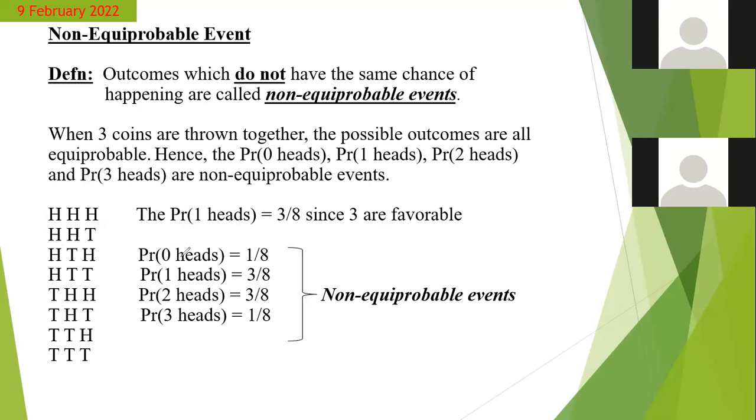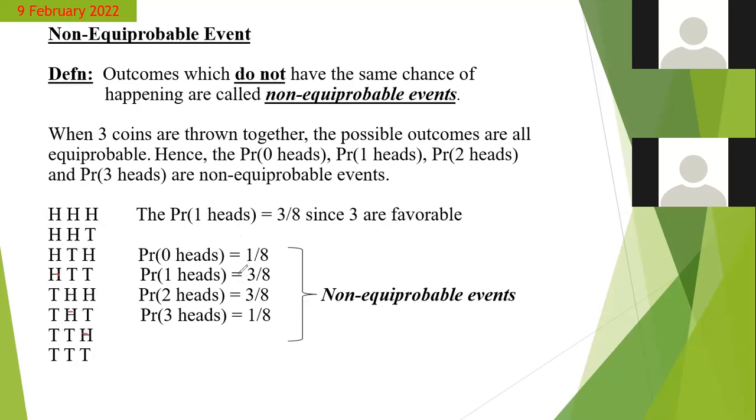The probability of getting 0 head would just be all tails. So that is 1 possible outcome out of 8. So if you're finding the probability of 0 head, your favorable outcome would be just 1 out of 8. The probability of getting 1 head, how many of these possibilities give you 1 head? This is 1, this is 2, this is 3.